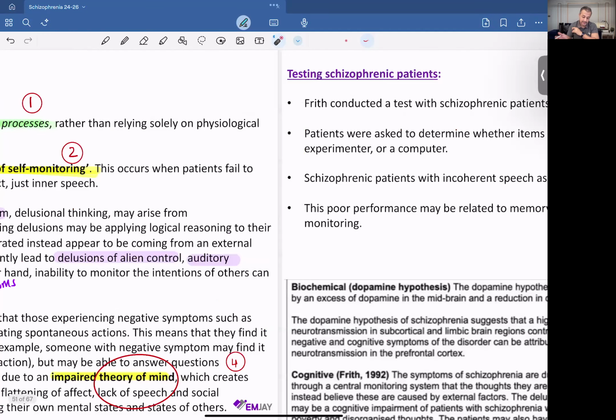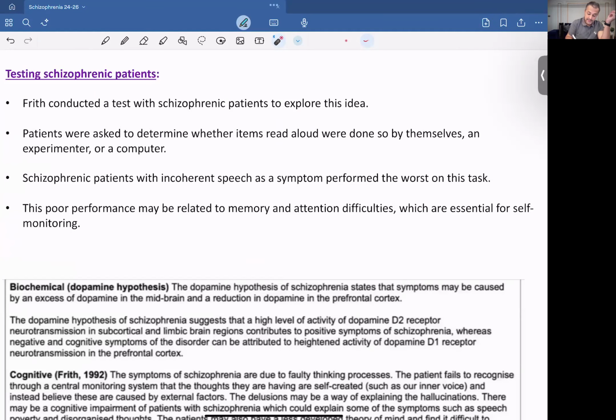Taking this ahead, Frith conducted a test with schizophrenia patients to explore this idea. The patients were asked to determine whether items read aloud were read by themselves, an experimenter, or a computer.